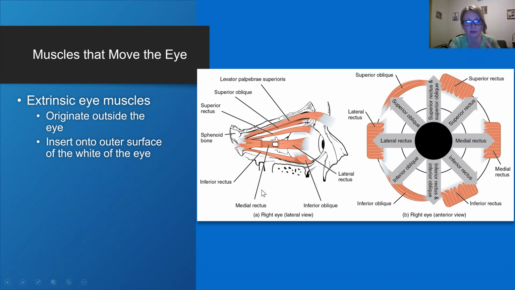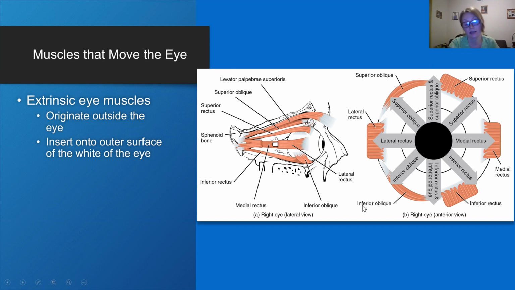So we have four rectus muscles: superior, inferior, medial, and lateral. And then we have superior oblique and inferior oblique. Here's our superior oblique right there, and the inferior oblique is right here. Now really, this diagram is not even correct.